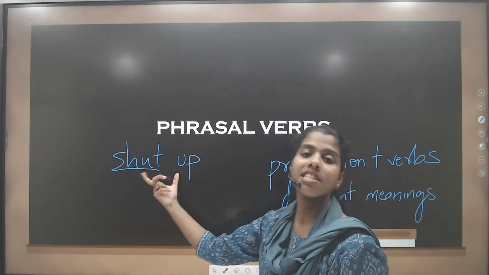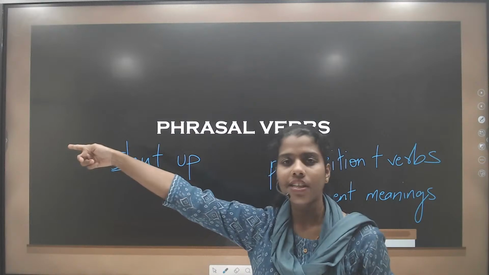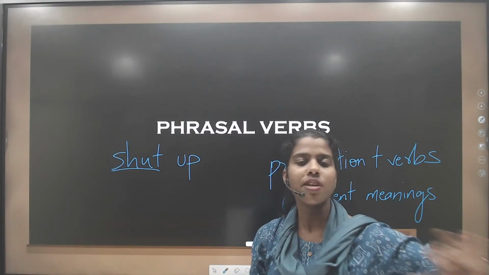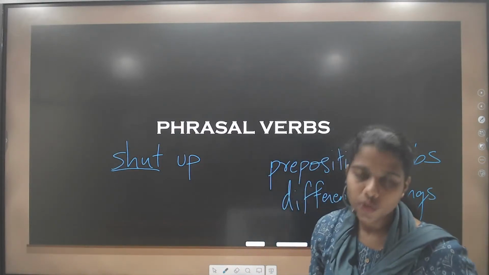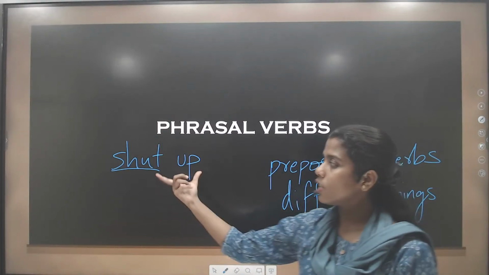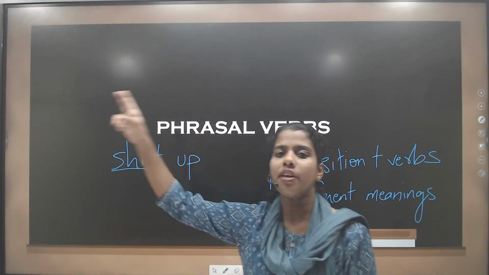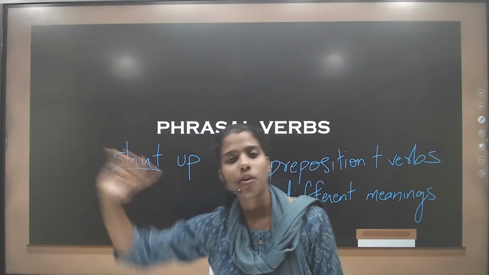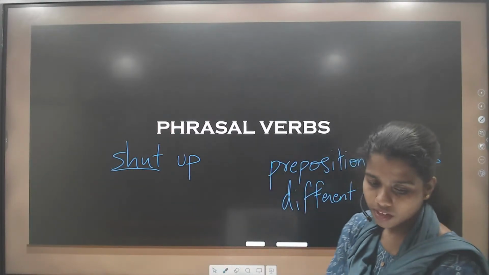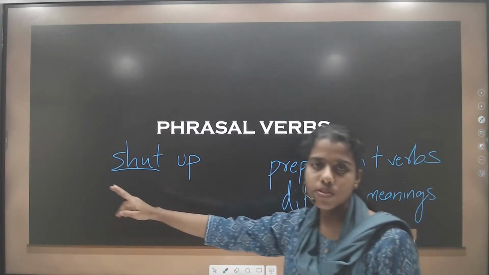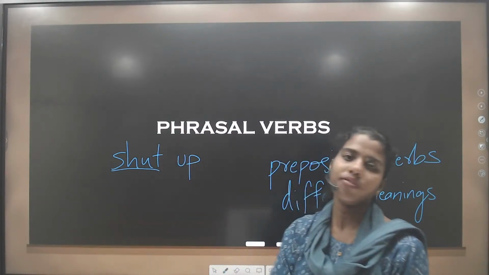So when we say this together, it gives some different meaning. Shut up means, when we say to someone, to close their mouth, to keep quiet. So when I use these together, it gives some different meaning. This will be called phrasal verbs. Preposition plus verbs, when it gives different meaning, it is called phrasal verbs.